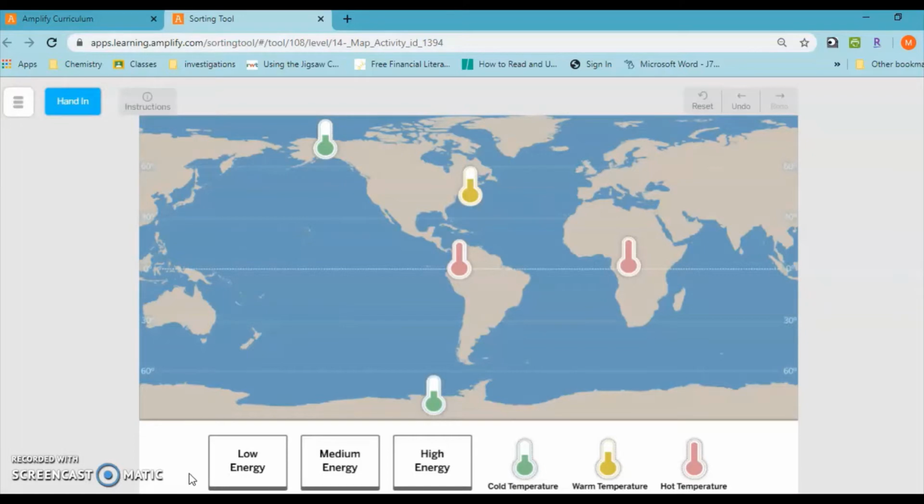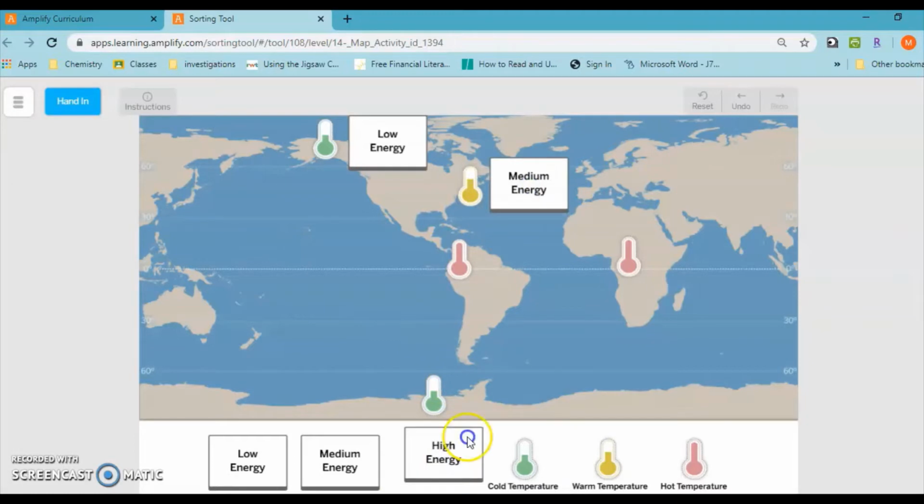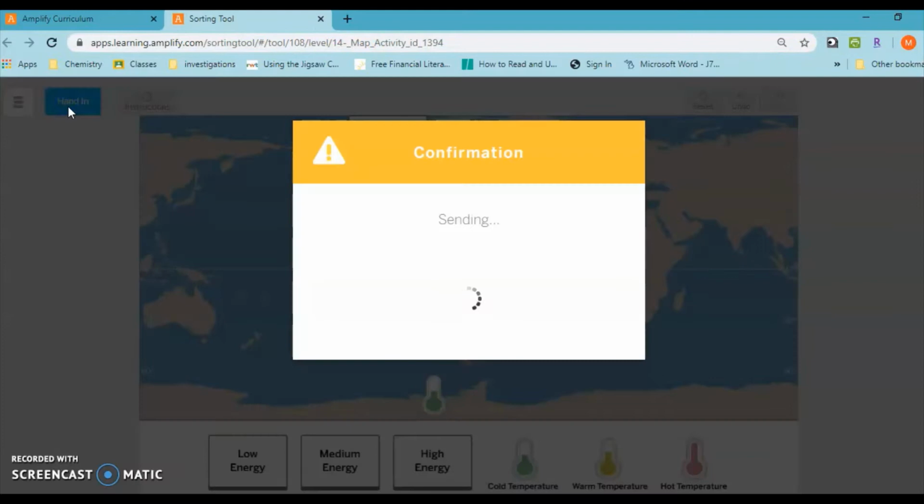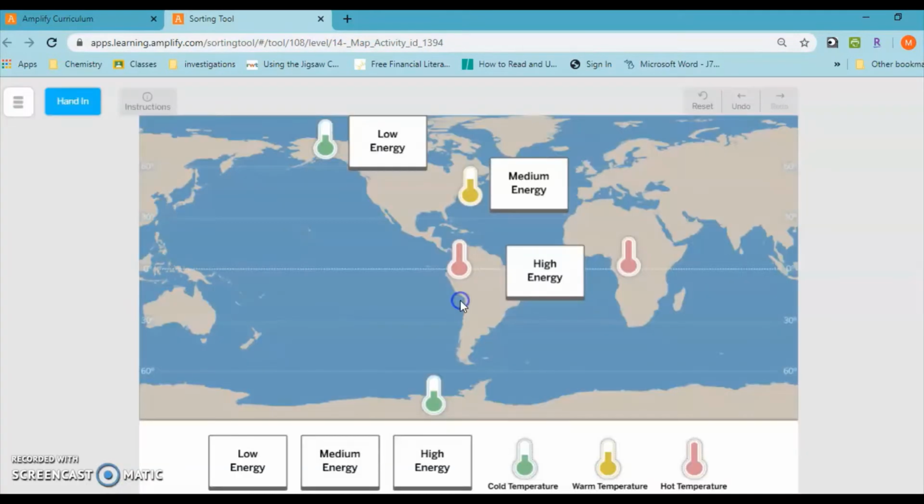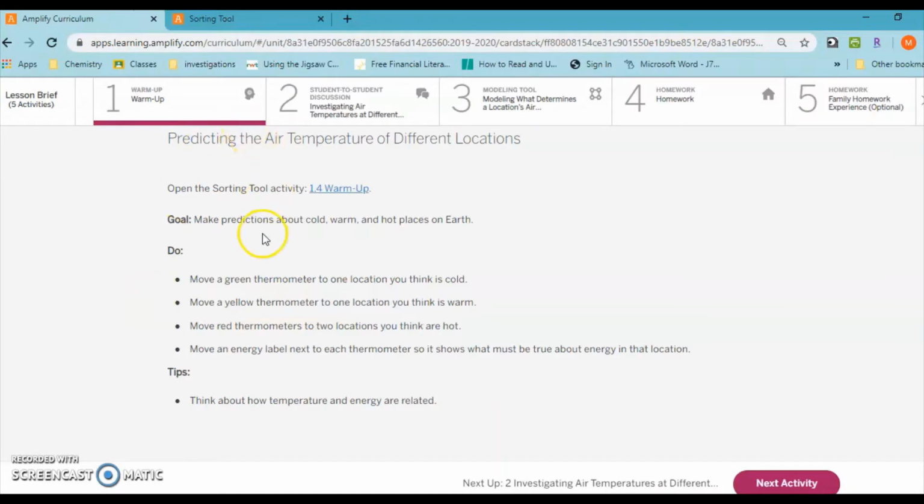So low energy would probably be in these areas that I'm labeling green, and my mediums would be in these yellows, and my high temperatures will be right here along the middle. So now that I've done that, I'm going to hit hand in and make sure I hand in my work. So boom, my warm-up is now done.